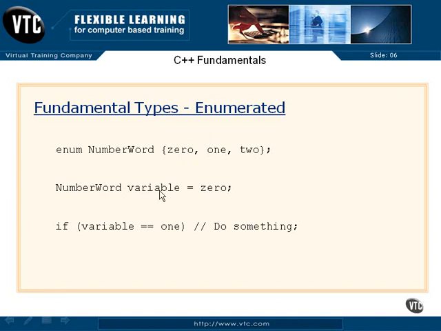Here we make a new variable of type number word. Where you would put int or something like that, we use our enum. It's an enumerated type. We made a new type, and we can set the variable equal to one of the words, the identifiers up here that we used when we created this enum. So we can set the variable equal to 0, and then we can test it based on that. We can say if this variable equals 1, again one of those words, then we'll go and do something as a result of our if. So that's an enum.